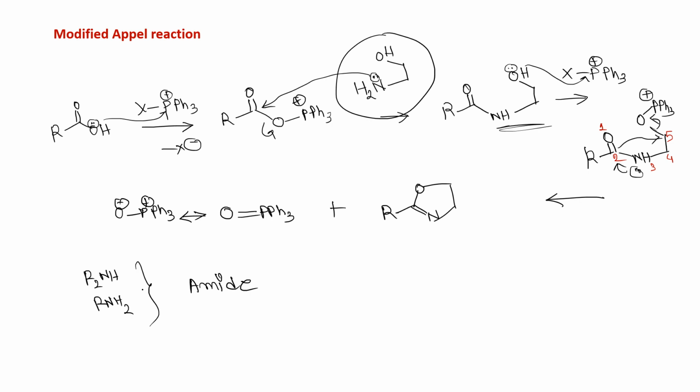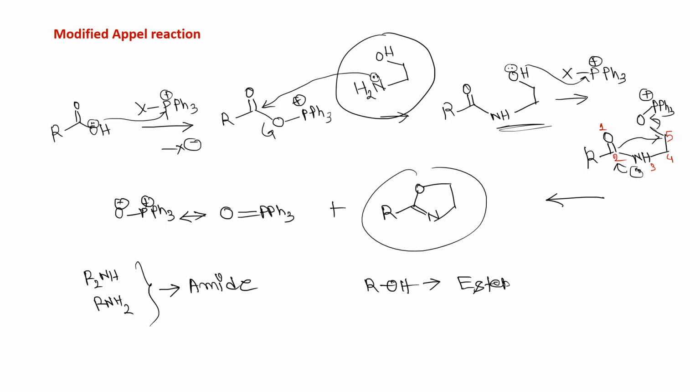Similarly, if instead of R2NH or RNH2 you are taking ROH, then we will get ester. So these are the different modifications of Appel reaction. Here we have taken ethanolamine, and you can see this type of 5-member ring we are getting. You can also take R2NH, RNH2 or ROH, and depending on what we are taking, we will get different types of final product.